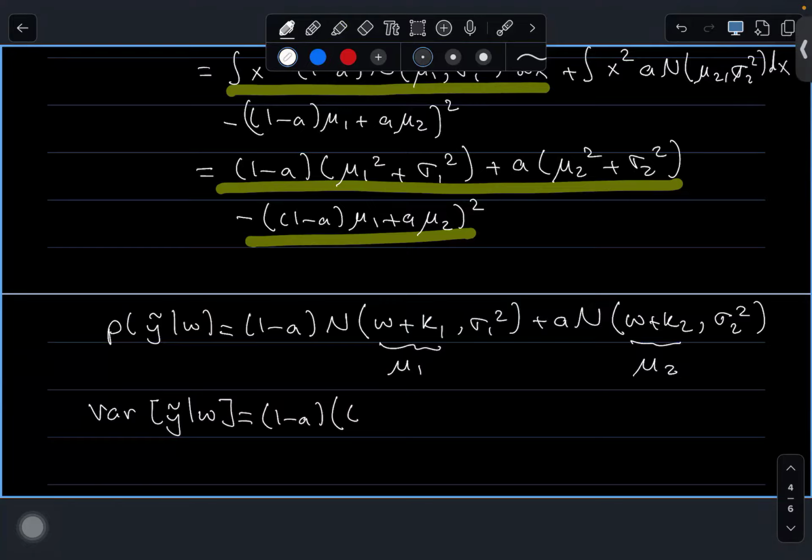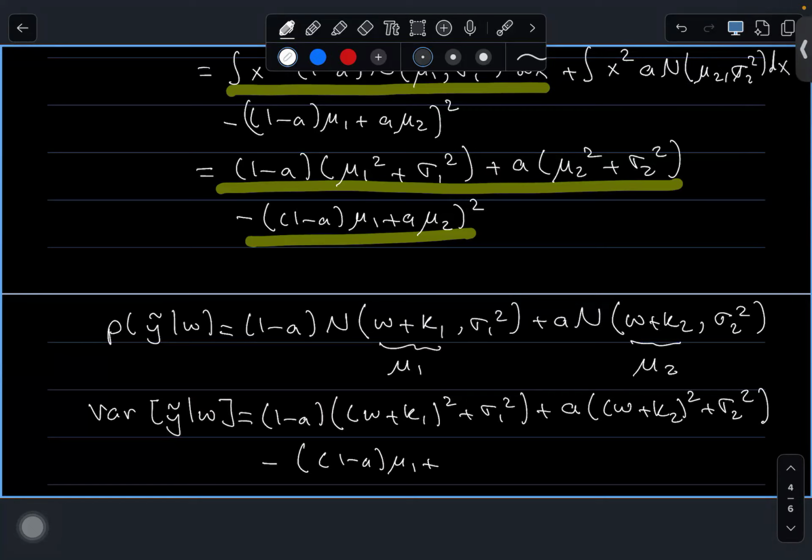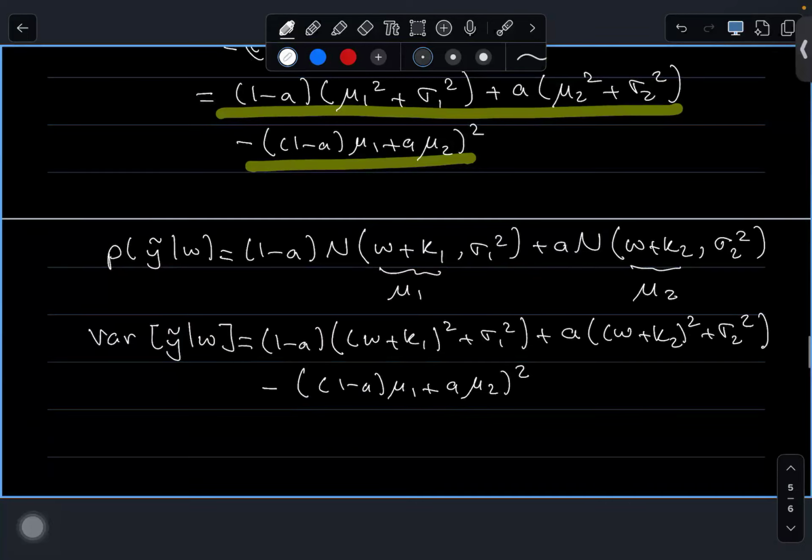So mean mu 1 squared is W plus K1 squared, plus sigma 1 squared, plus a times this term, minus the squared mean. So that's the variance of my errors.